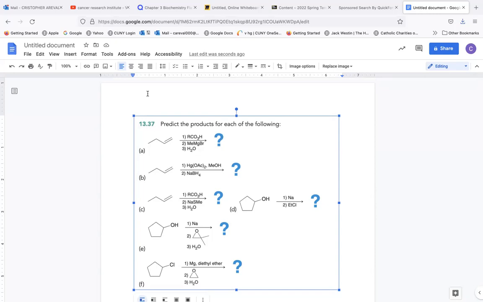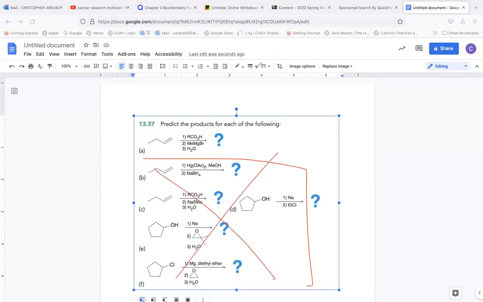So let's do number 1 first, all right? Let's do A, but number 1 of A. Forget about this for now. Just number 1, I'm asking, right? What's gonna happen? What is RCO3H? It's similar to MCPBA. Yeah, it's a peroxyacid. So what happens from an alkene when you use that?